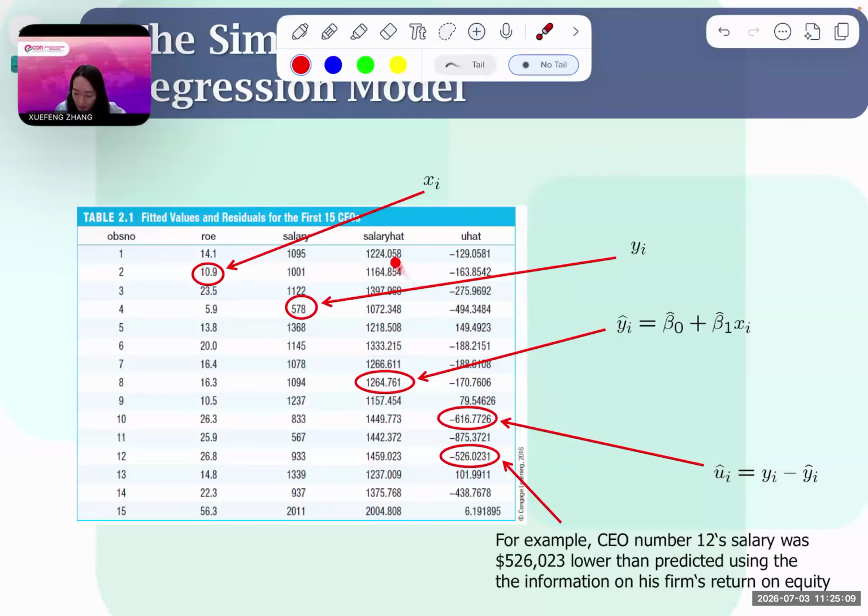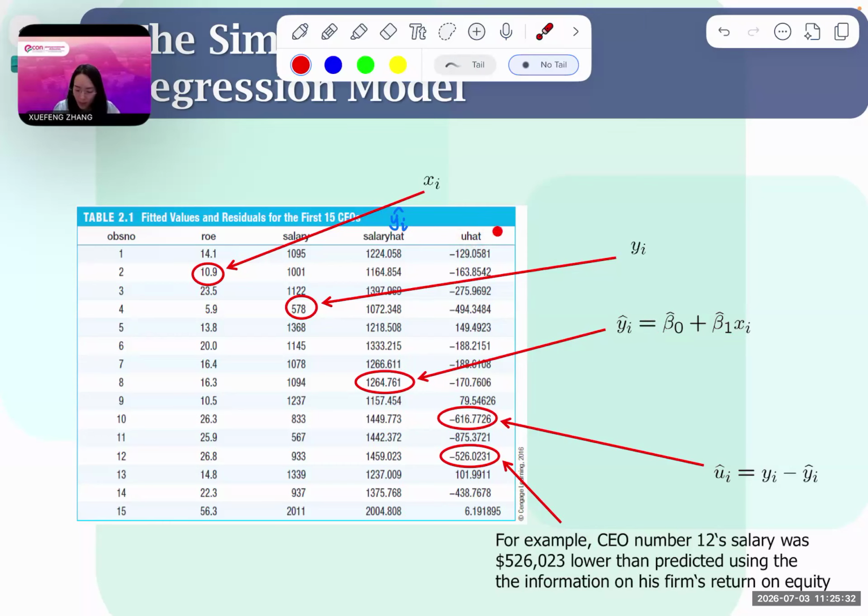And then here salary hat, which means y_i hat. For example, this point means y_i hat equal beta 0 hat plus beta 1 hat times x_i.